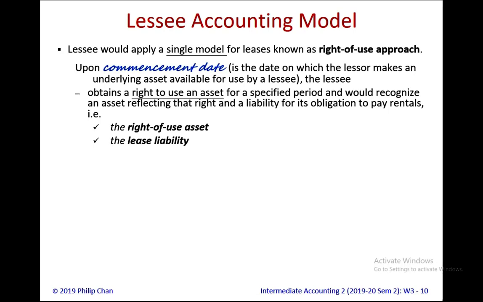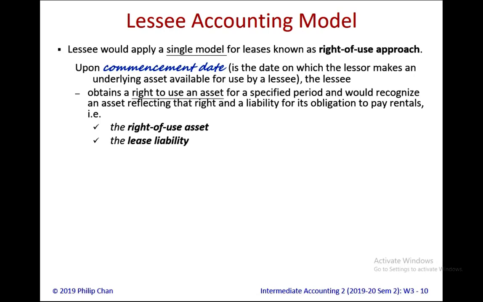As a result of signing this lease contract, the lessee can now control this identified asset over a period of time. Therefore, it should be considered as the lessee's asset rather than treating it as a rental expense, just like what you've learned in FA. That doesn't apply anymore unless, of course, the contract does not satisfy the Hong Kong FRS 16 lease contract definition.